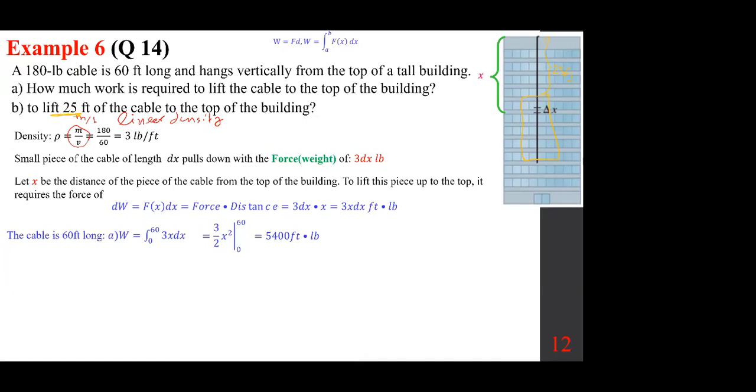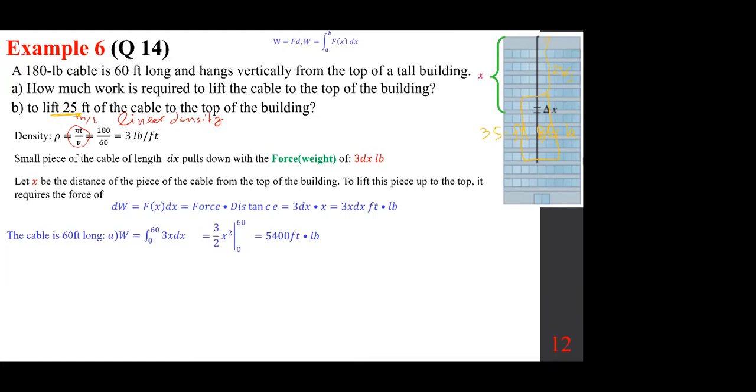This 35-foot block, the entire thing moves up by 25 feet. You can think of it as a fixed force, fixed weight. You can calculate the weight of the bottom 35, whatever it is, times the distance of 25. It's going to go up by 25 and you're done.